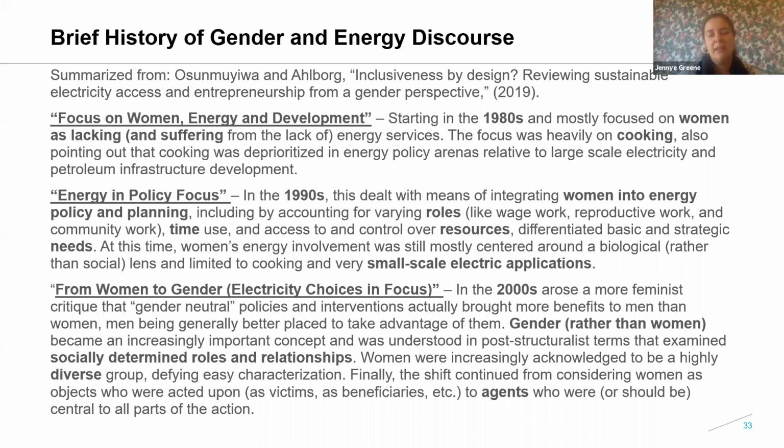We start to think about the roles that people play based on their gender, and it moves away from just cooking to small scale electricity. And then from there to larger scale electricity applications, to women in policy making, to women in the energy workforce at the highest echelons. And so there's been this real evolution over time, which is good to be aware of. But as it's grown, I feel like we can't forget all the things that came before. Just because cooking was a focus in the 1980s doesn't mean it's not still a problem today.